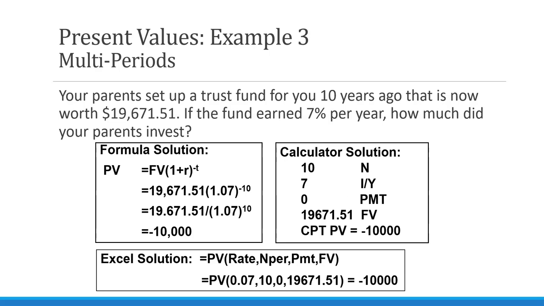The future value, $19,671.51, our rate, 7%, and the time period, 10 years, gives us a present value of $10,000. That means that 10 years ago, our parents put $10,000 into a fund that earned 7% each year.